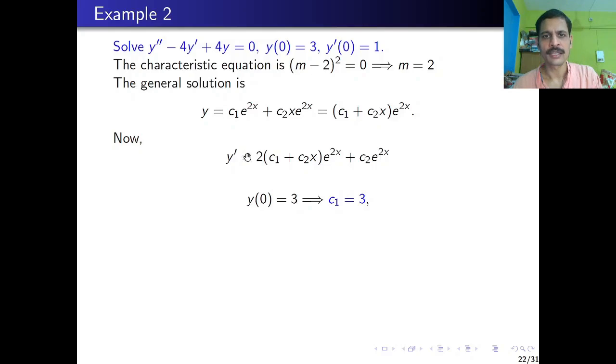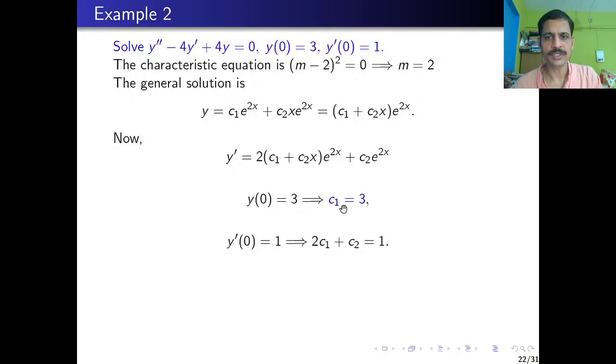And here when you substitute x equal to 0, we get c2 from this quantity, and from this quantity we get 2c1. So 2c1 plus c2 is equal to y prime 0, which is given to be 1. So 2c1 plus c2 is equal to 1.